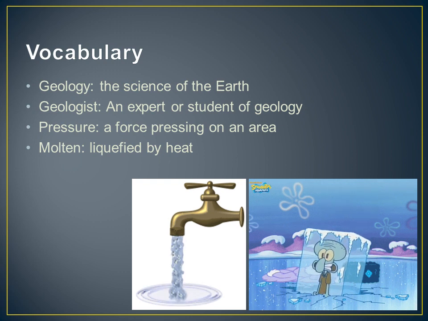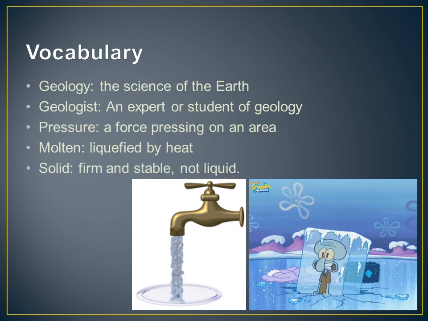So what we'll see here later on is that if rock or metal becomes hot enough, it will actually turn into a liquid. Yes, rock and metal, if hot enough, will become liquefied. Next one, solid.